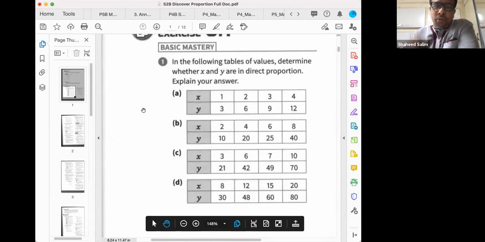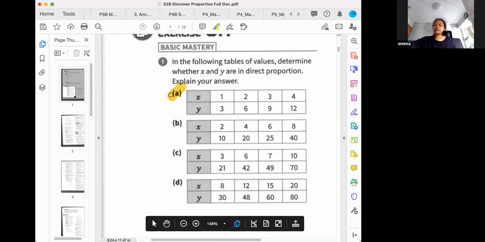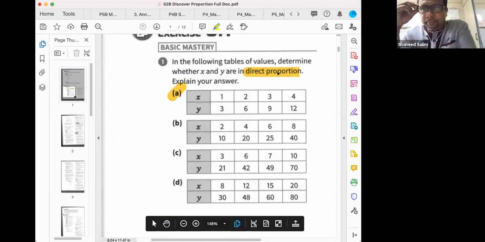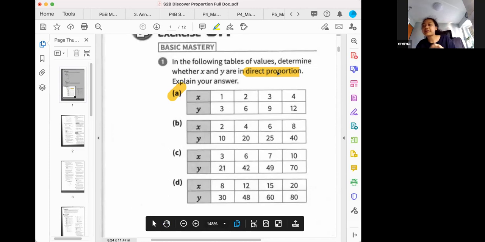Let's say we want to do 1A. What are we gonna do? Find K. Okay, find K, and then the formula for K is y equals kx.